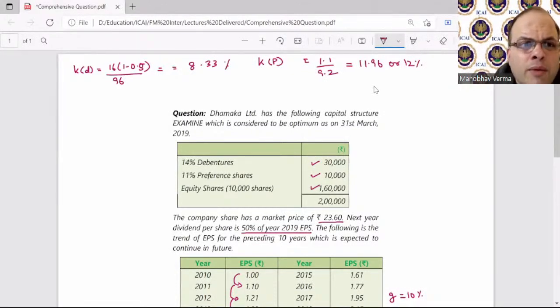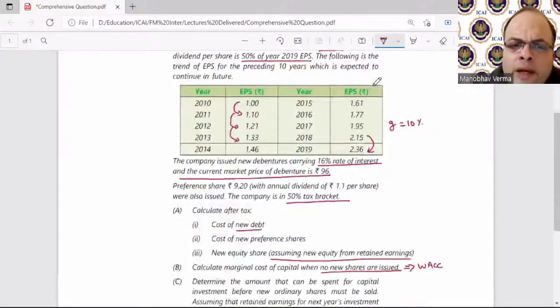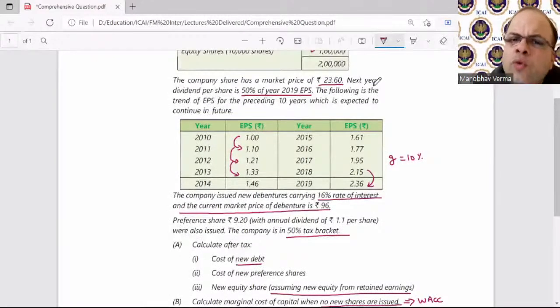And then we are talking about cost of equity as well. Charu says, why 96? It is new issue, not existing. Okay, good question. So what should be taken, Charu?